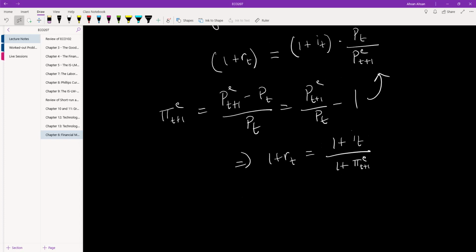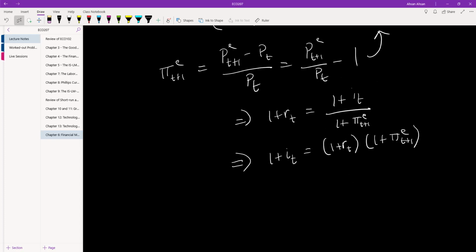And now if we simplify this, what we are going to get is 1 plus it equals 1 plus rt times 1 plus expected inflation. And you guys just simplify this. It's just simple algebra. And what we are going to end up with is real interest rate is not exactly equal to, is close to, similar to nominal interest rate minus the expected inflation.